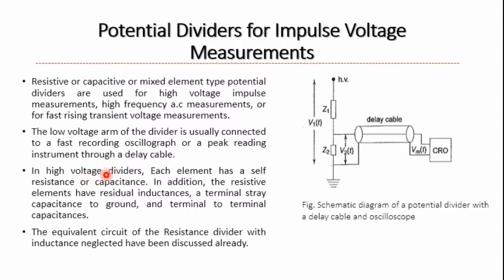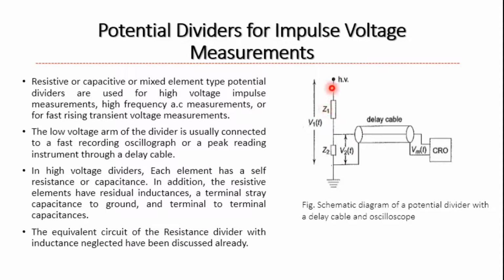In the high voltage dividers, each element has its own self resistance, reactance, and inductance as well. In addition, resistive elements have some residual inductance and a stray capacitance, and the ground capacitance will also exert because there is a larger potential variation across Z1.